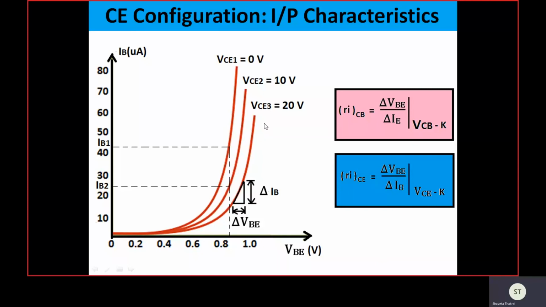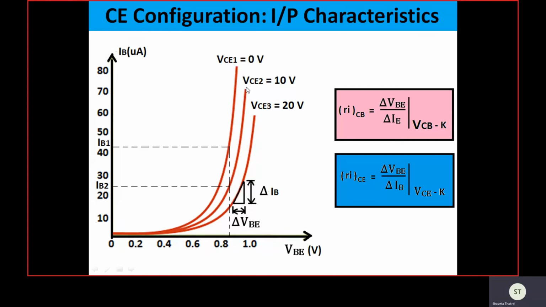If the level of base current is going down, that is the indication that the graph is shifted towards the right side. So we can compare the first curve and the second curve for a constant value of VBE. To take the constant value of VBE, we have taken a vertical line, and we can compare the two currents, IB1 and IB2, for the values VCE1 and VCE2.